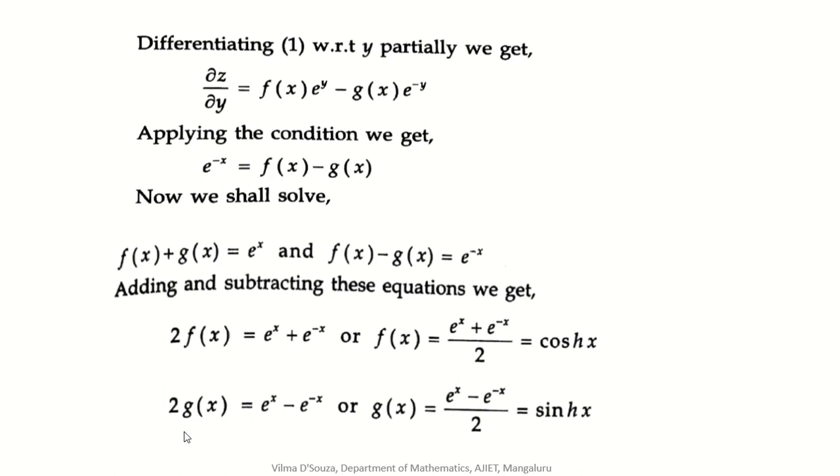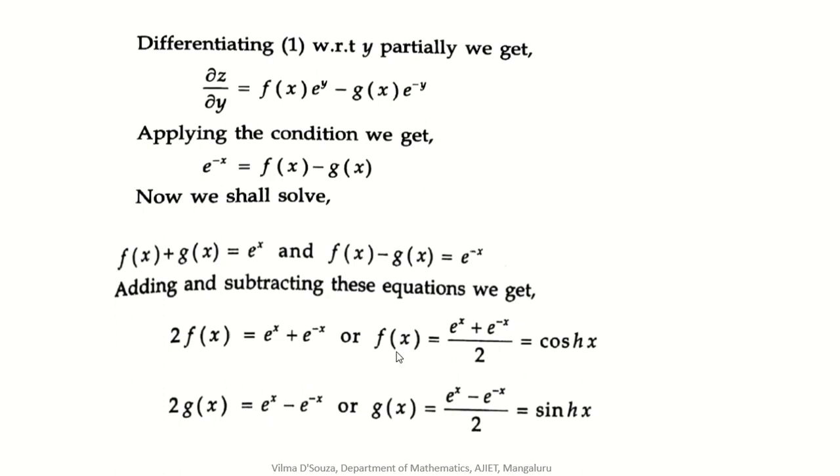So 2 into g of x is equal to e power x minus e power minus x, or g of x is equal to e power x minus e power minus x by 2. That is your sin hx. So what do you have? F of x is cos hx, g of x is sin hx.